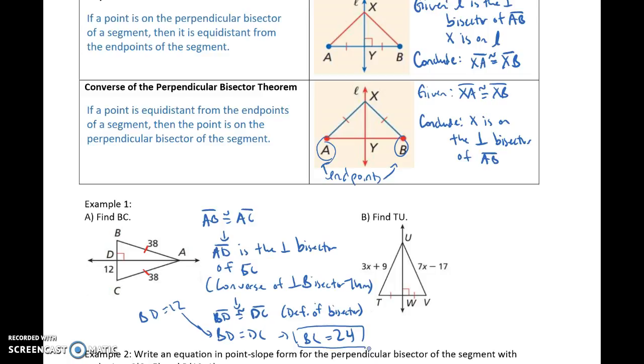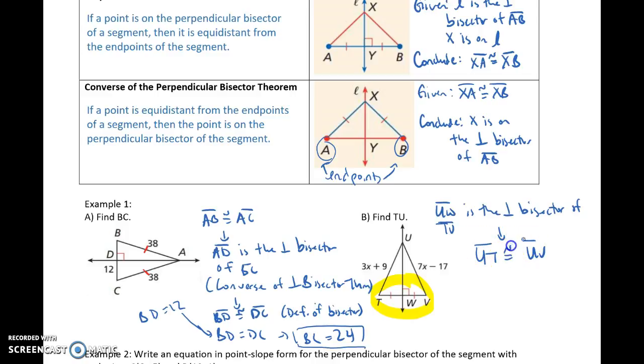If we take a look at part B, what do we know here? It doesn't look like A anymore, but what do these marks down here tell me about UW? Hopefully you're seeing that UW is the perpendicular bisector of TV. If that's true, then UT and UV should have what relationship?